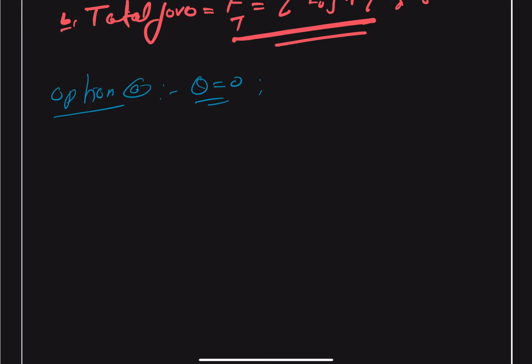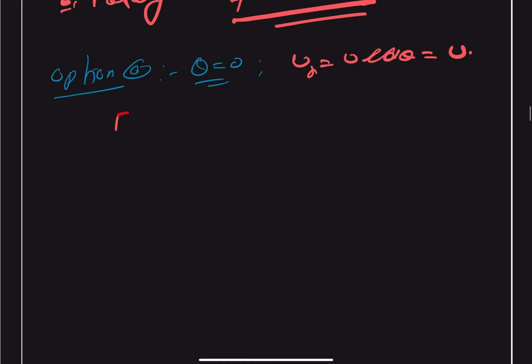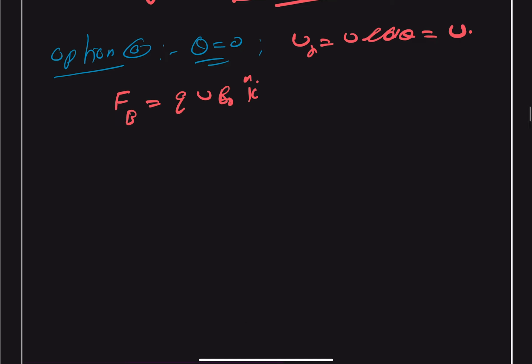So Vx is equal to V cos theta. Theta is 0, so cos 0 is 1. This gives us V. Therefore, the magnetic force will be equal to Q V B naught k unit vector, and the electric force is independent of angle theta. So our electric force is equal to Q E naught j unit vector.